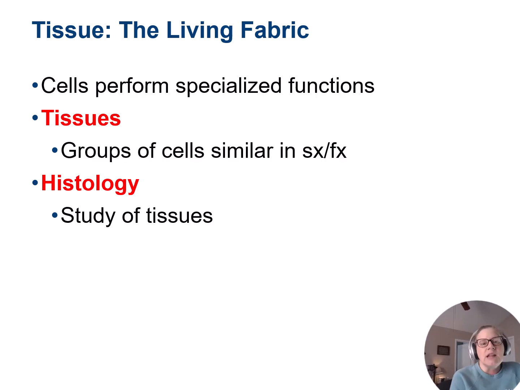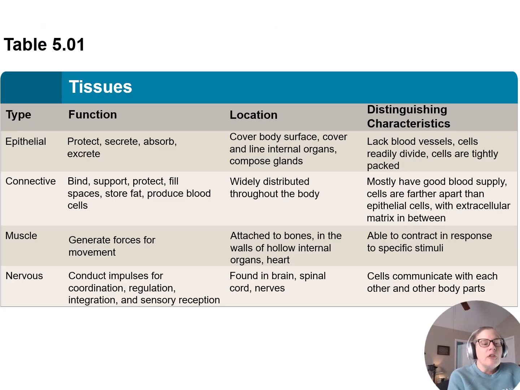When scientists study tissues, they refer to this as the field of histology. There are four basic tissue types: epithelial, connective, muscle, and nervous. Today we'll be focusing on the functions, the locations, and the distinguishing characteristics of epithelial tissues.